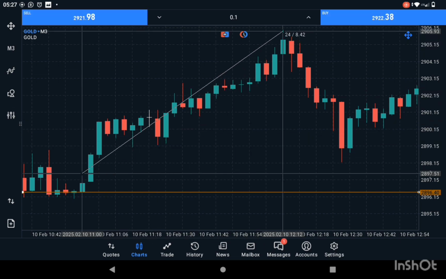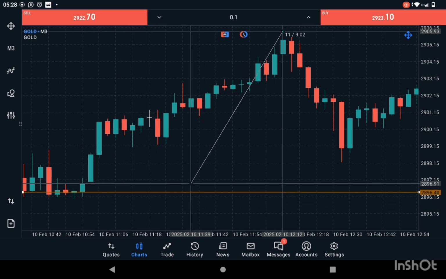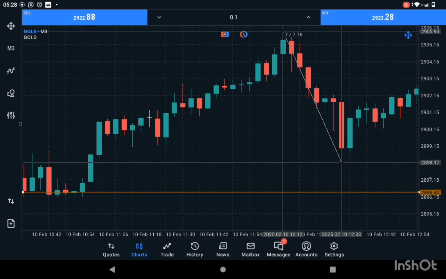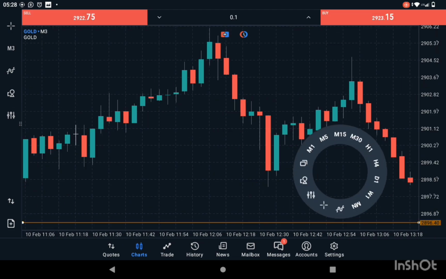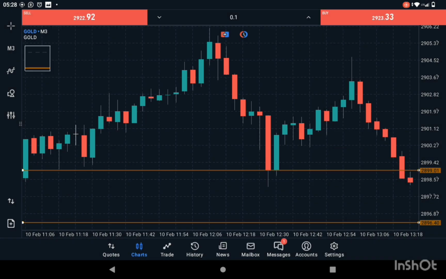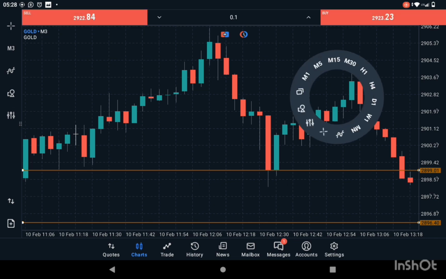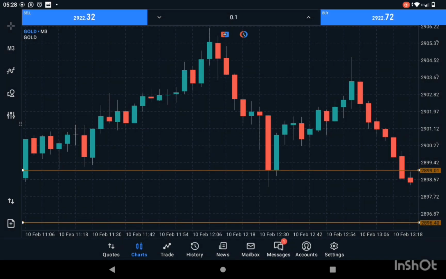Then from that high of 2905.93, it retraced onto a low of 2899, and then from there we have 2899.01, and then a high of 2905.40.